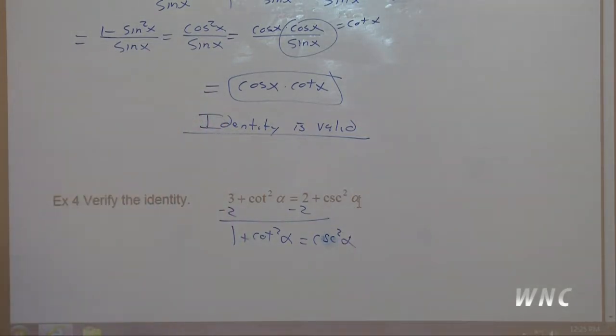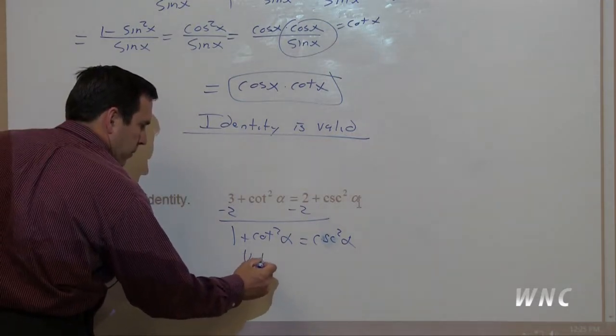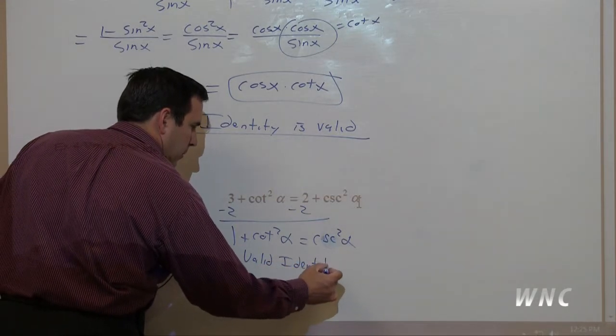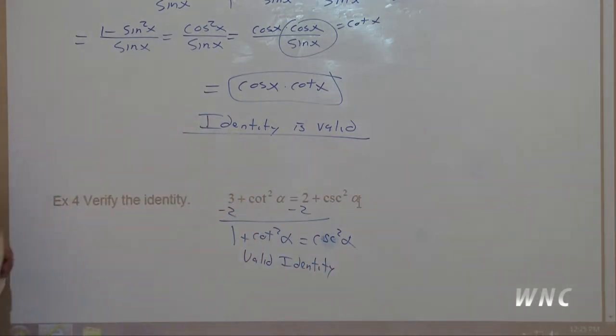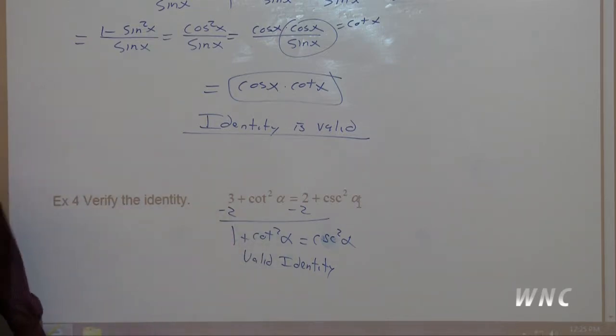Now the interesting thing about that is the Pythagorean identity. That was the third version that we saw. So 1 plus cotangent squared alpha is cosecant squared alpha.